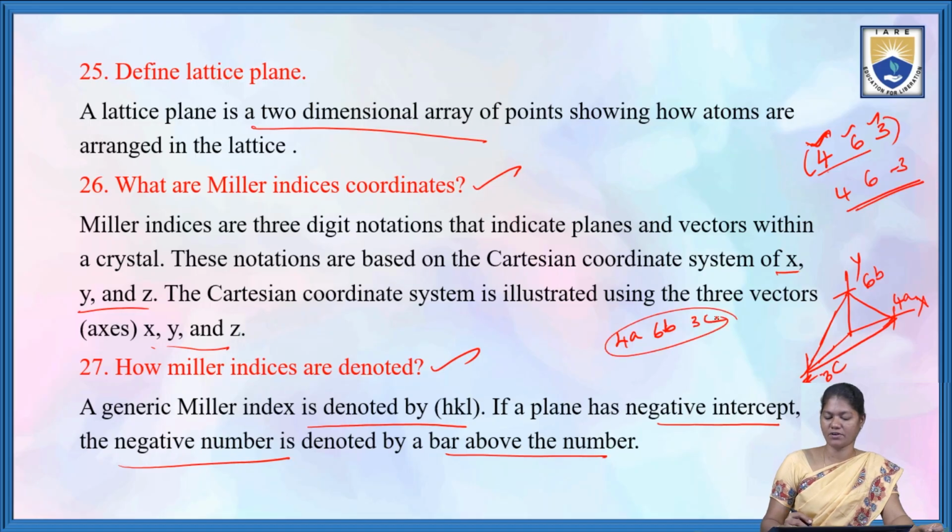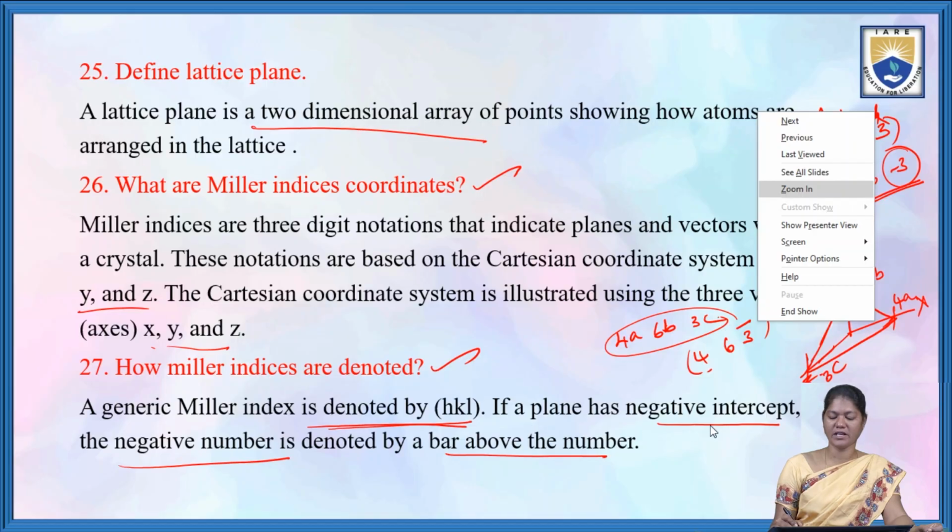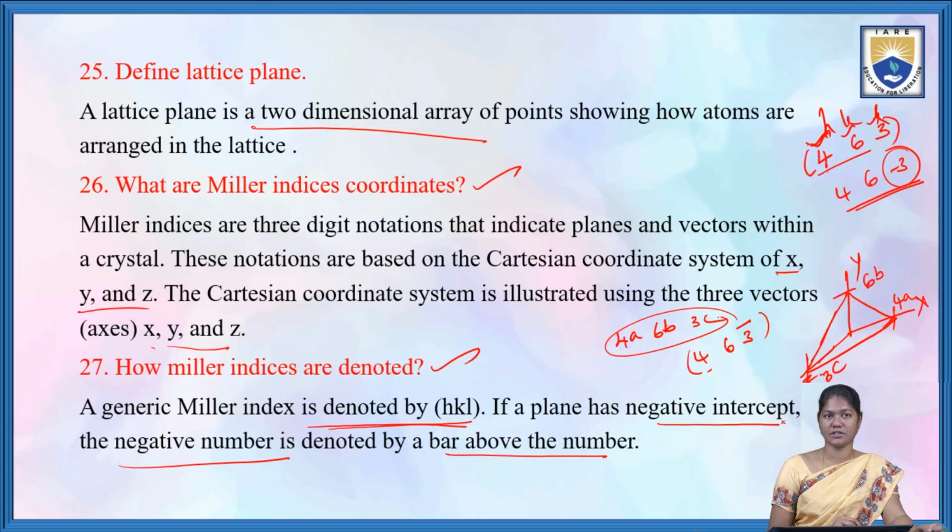In this case we can write 4, 6, 3. If there is a negative intercept, this can be denoted with a bar. So a generic Miller index is denoted by hkl. If your plane has a negative intercept, then the negative number is denoted by a bar above the number. So 4, 6, 3 bar. Like that we can denote the Miller index.